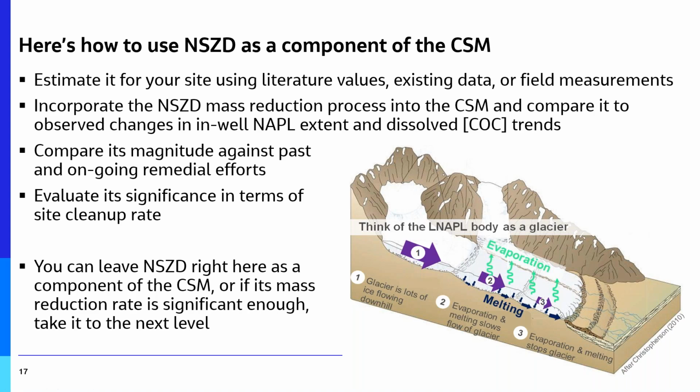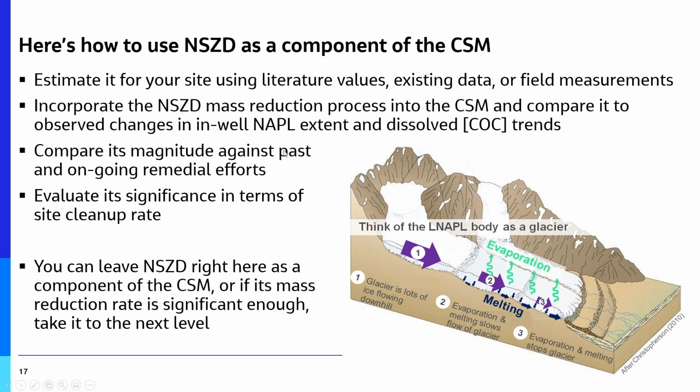You have evaporation and melting occurring, which is analogous to your NSZD processes, acting on the NAPL body as it sits in the formation. Initially, say during colder climate times, the release was occurring or ongoing, and this glacier, or the NAPL body, was growing and expanding and moving down the hillside.